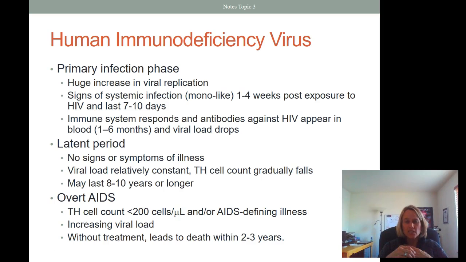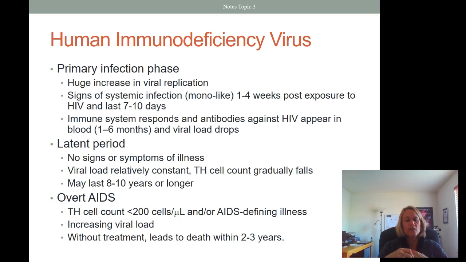Initially, you get signs of systemic infection that occur 1 to 4 weeks after exposure and last about 7 to 10 days. After this, the immune system responds because now we've produced a lot of antibodies against HIV, and they appear in the blood in about 1 to 6 months, and you can test then for the presence of those antibodies to determine if you've been exposed.